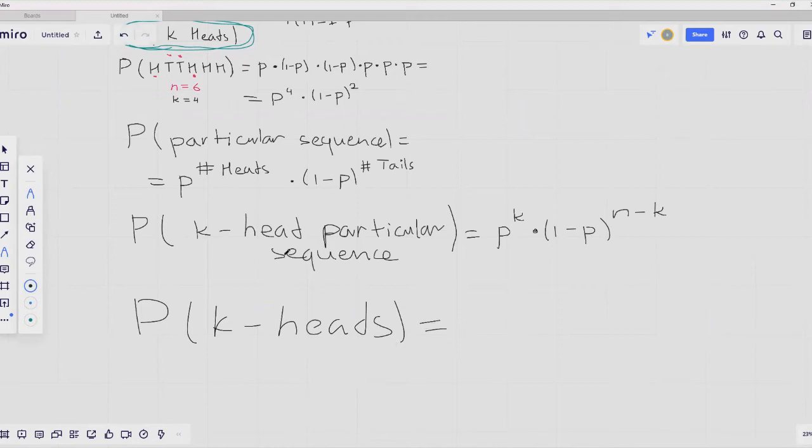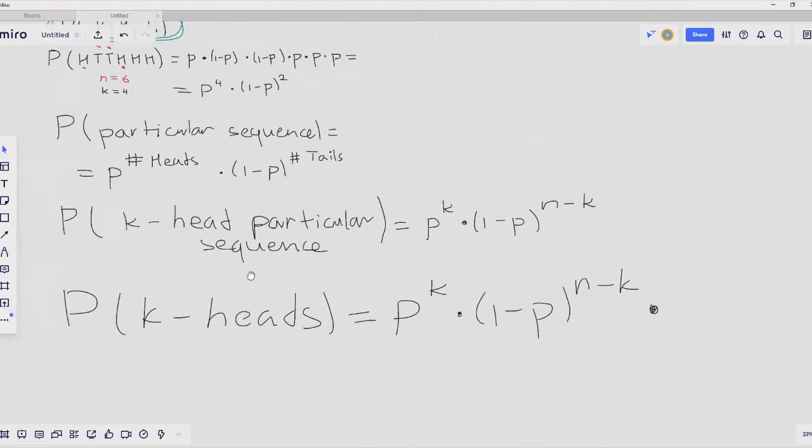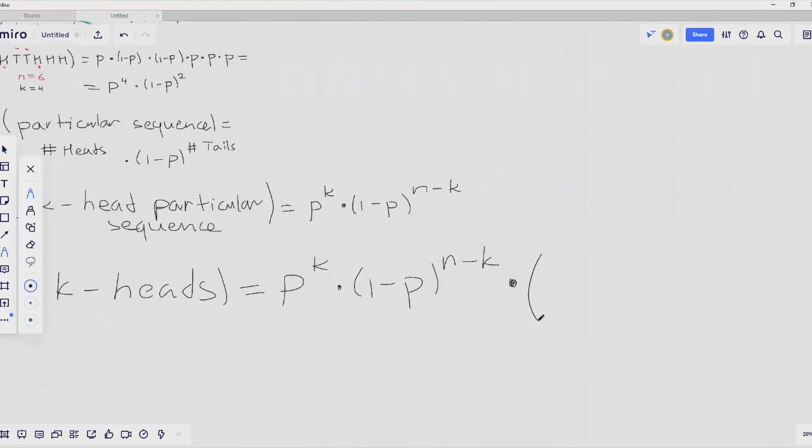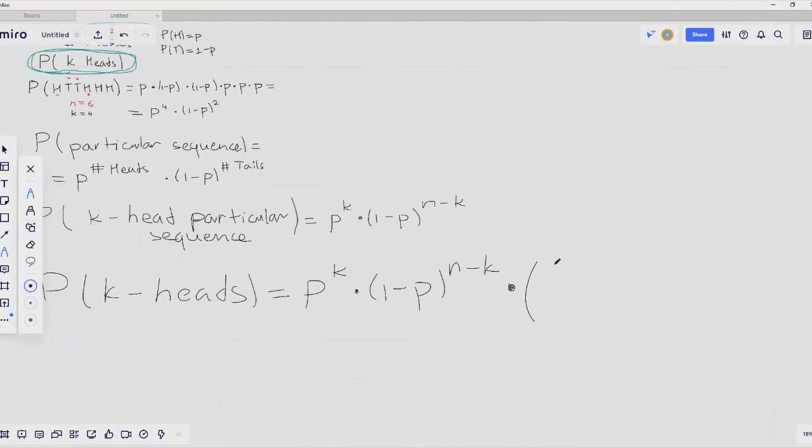Probability of each particular k-headed sequence is equal to p to the power of k, where k is the number of heads, multiplied by 1 minus p to the power of n minus k, multiplied by the total number of such k-headed sequences. So multiplied by number of k-headed sequences.